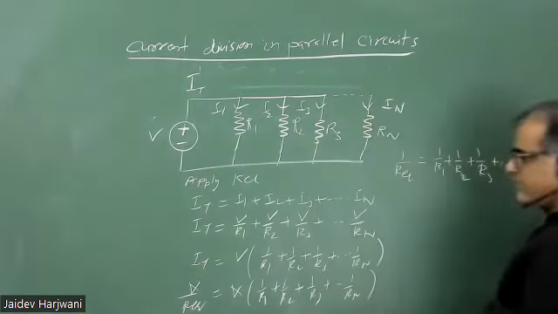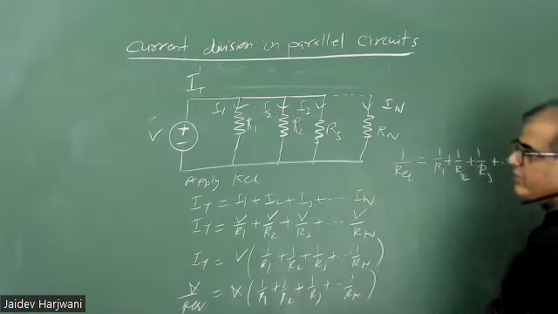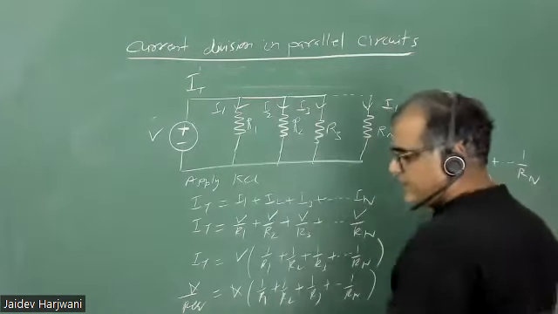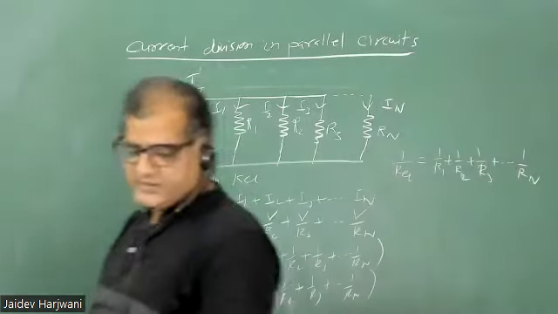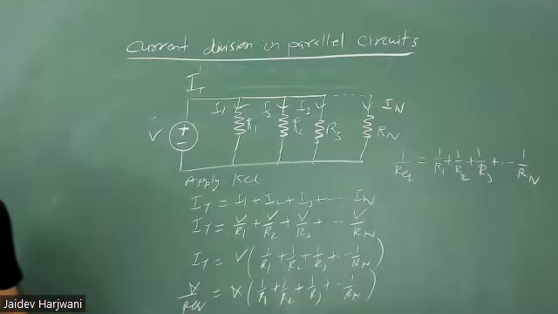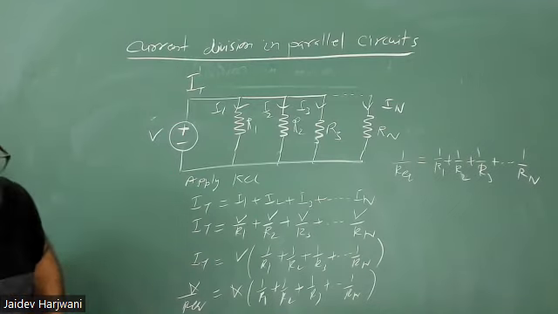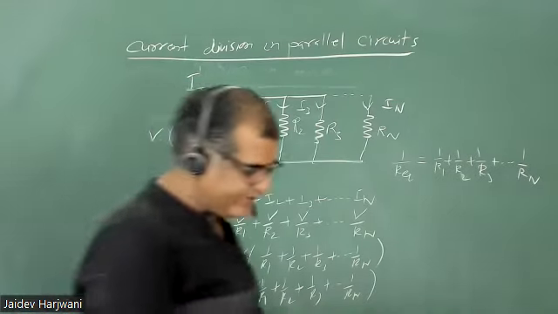So now you have R. Now I want to find the value of I1, I2, I3, I4, In. How does the current get divided? So now write the value of I1, I2, I3. How can I write the value of I1, I2, I3?